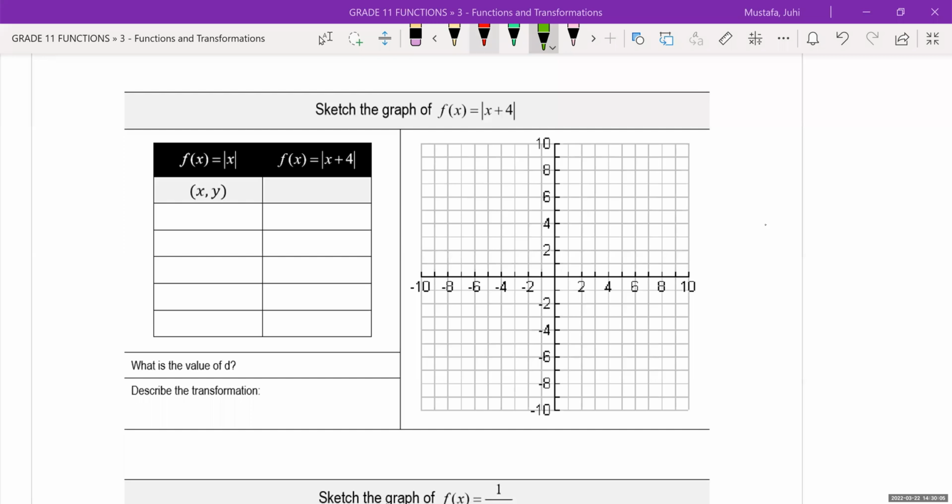Okay, absolute value graph. Let's go ahead and draw the parent function first.